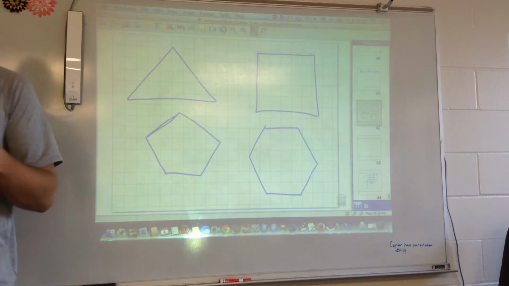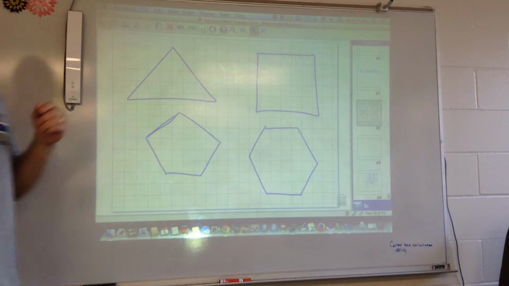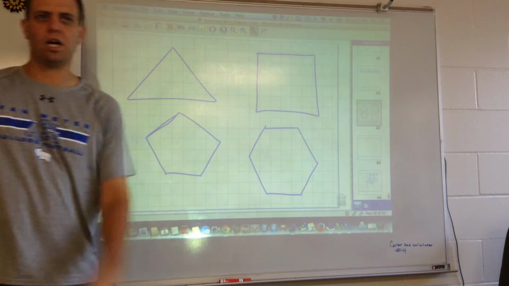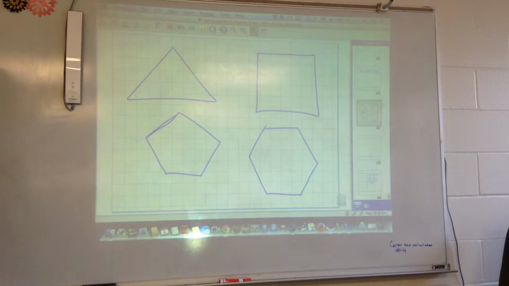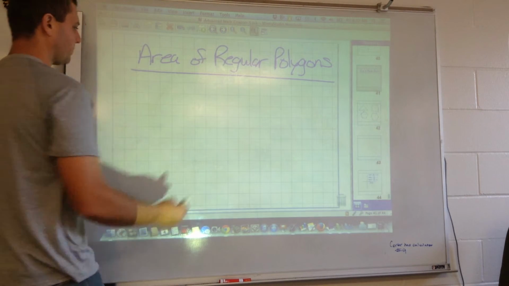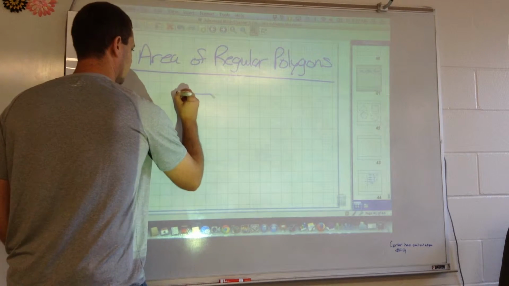You have other ways to find the area, but sometimes you won't be given that information, and you especially don't have ways to find the area of the more complex polygons yet. So sometimes what you will do, and I'll even draw an octagon here.